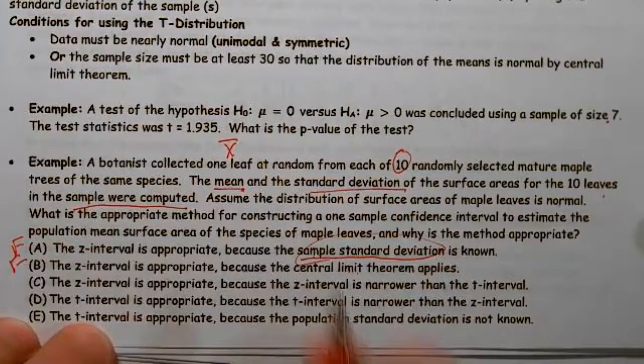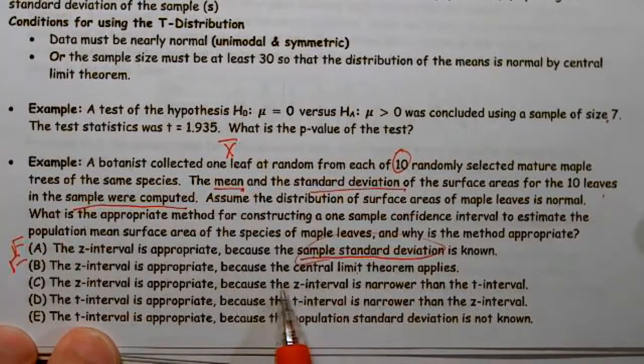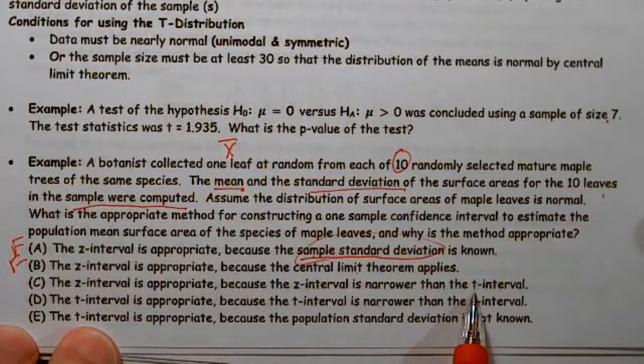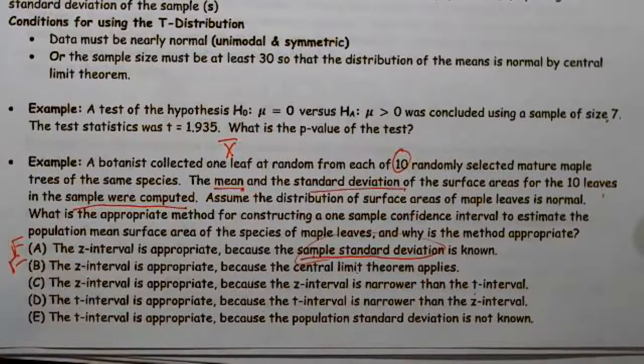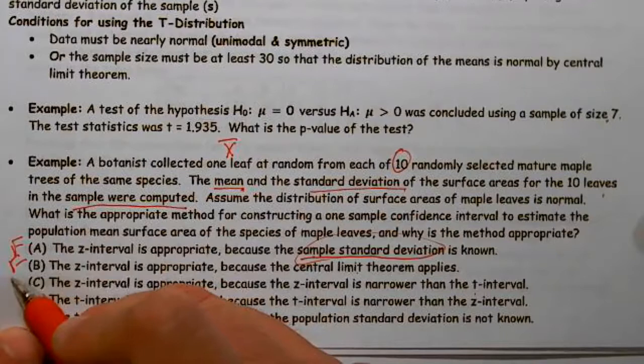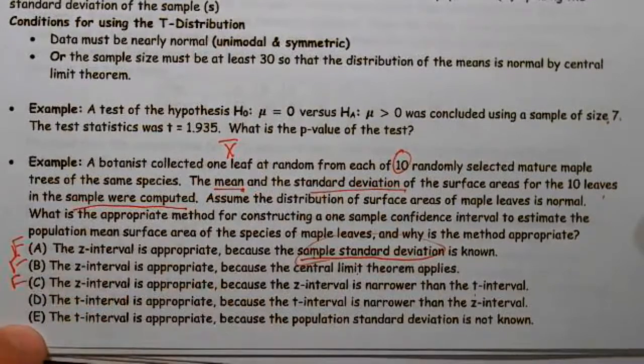Okay. The Z interval is appropriate because the Z interval is narrower than the T interval. That is a true statement. The Z is narrower than a T interval, because the T has more area in the tails. But again, that's not a reason. That's just a fake answer they put out there. The T interval is appropriate because the T interval is narrower than the Z interval.